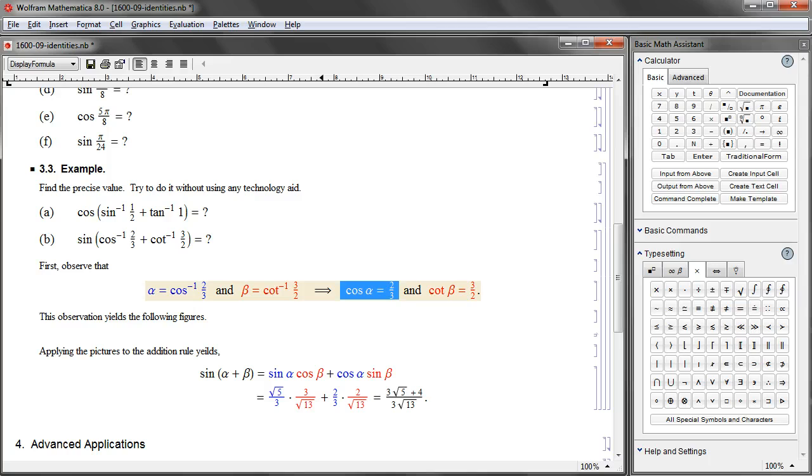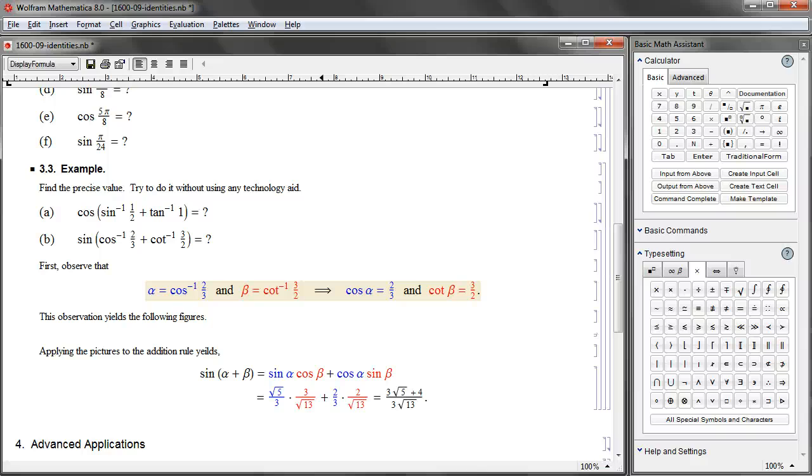Cosine of alpha is 2/3 and cotangent of beta is 3/2. Please note the color coding so that you don't get confused. Blue condition, alpha is arc cosine of 2/3, gives you cosine of alpha is 2/3. And the red condition, beta is arc cotangent of 3/2, gives you cotangent of beta is 3/2.